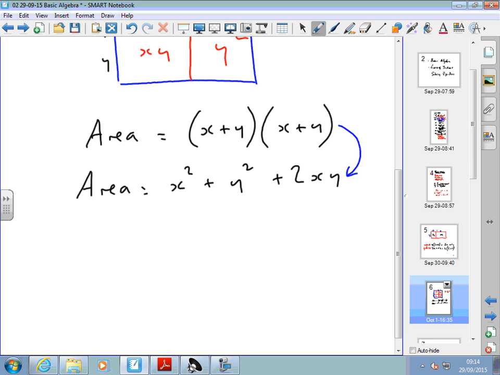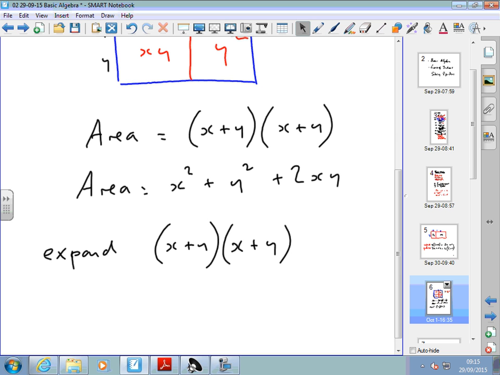So we're going to expand x plus y times x plus y. Now, remember I said what expansion means. If I've got a bracket, I multiply everything inside the bracket, the x and the y, by everything outside the bracket. But in this case, it's another bracket.